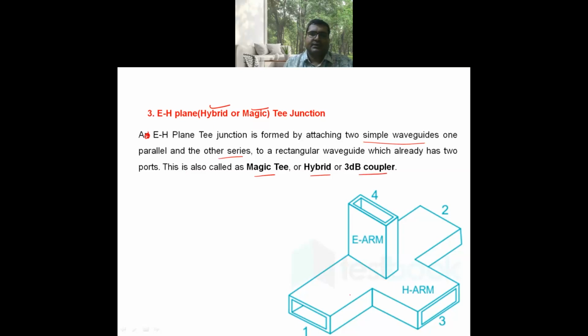That is, a primary waveguide already has ports 1 and 2, and an H-arm port 3 and an E-arm port 4 are attached to form the E-H plane T junction.